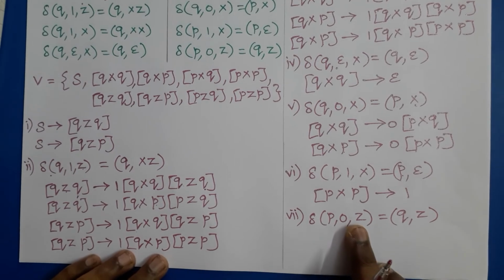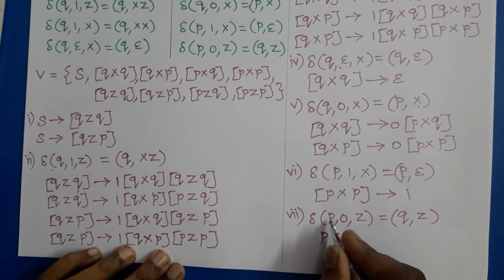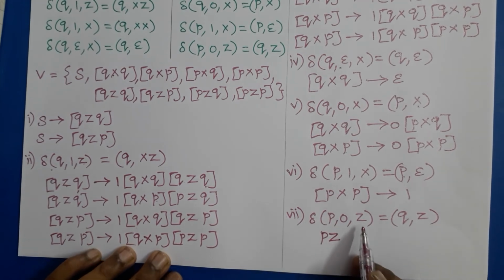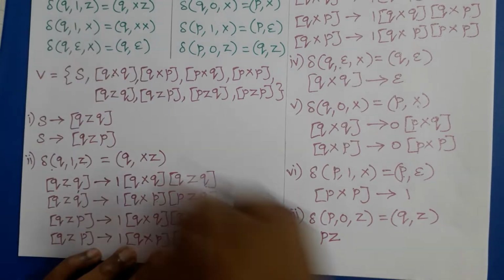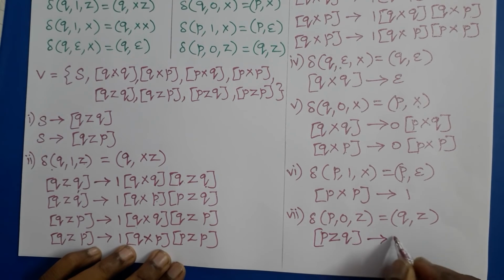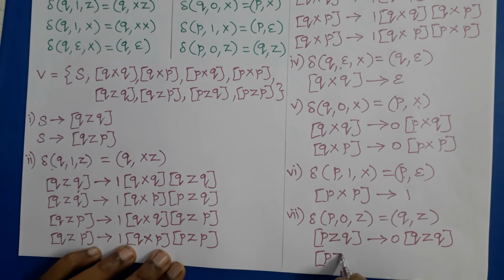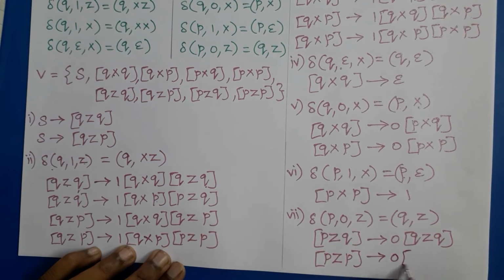This Z replaces Z on top of the stack. So we will get two productions like this. So PZ, I have to consider Q first. So PZQ tends to 0QZ, this Q at the end. Then the next one is PZP tends to 0QZ, this P at the end.